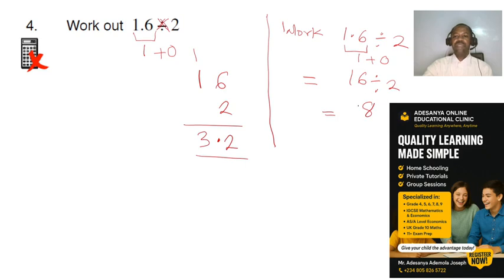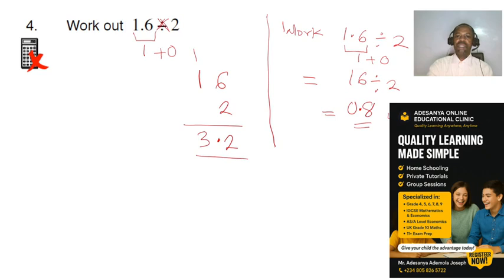So if I count it back, then I am going to have 0.8. So the final answer here is 0.8. You can see the difference between the multiplication part of it and the division part of it. The division part of it is what we actually solved here, and that gives us the answer, as you can see.